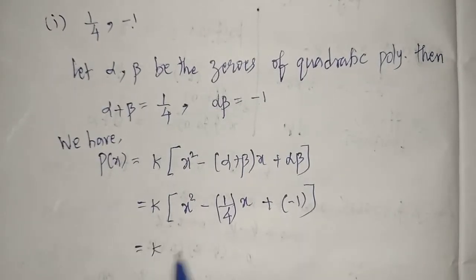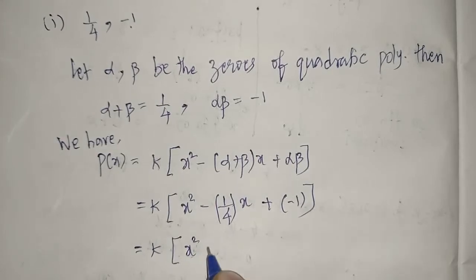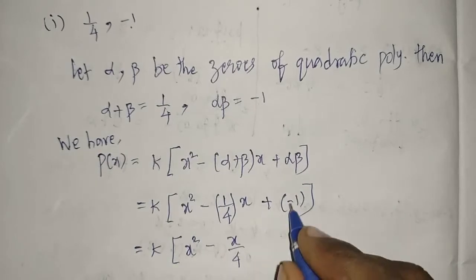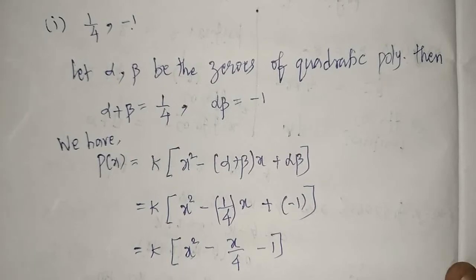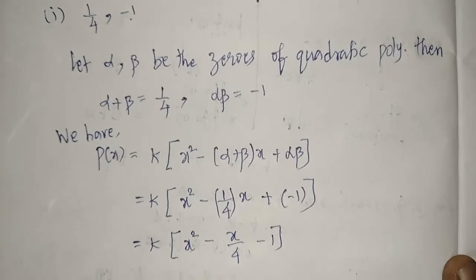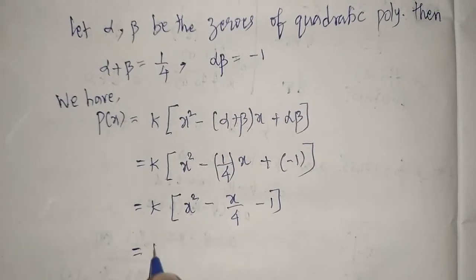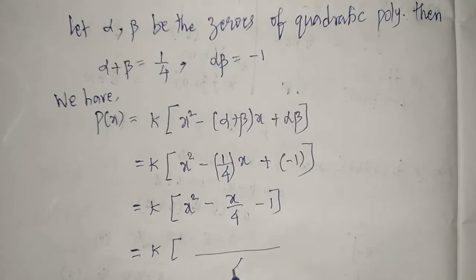Now we have k outside, x square minus 1 into x divided by 4 plus into minus 1. Now you have to take an LCM for this answer. If you stop at this answer they will not give full marks. So 4 we have here, so I am dividing by 4.